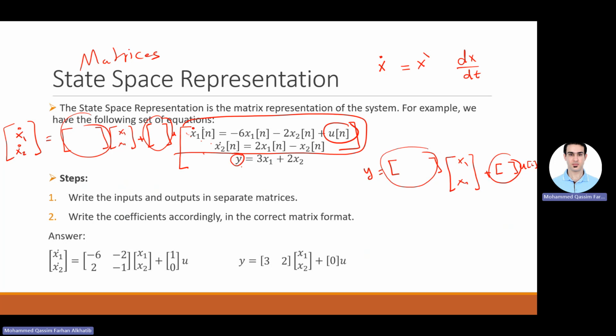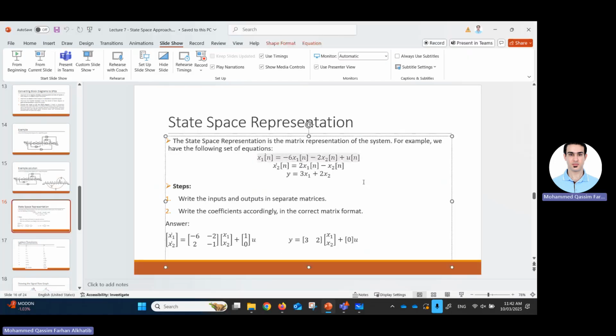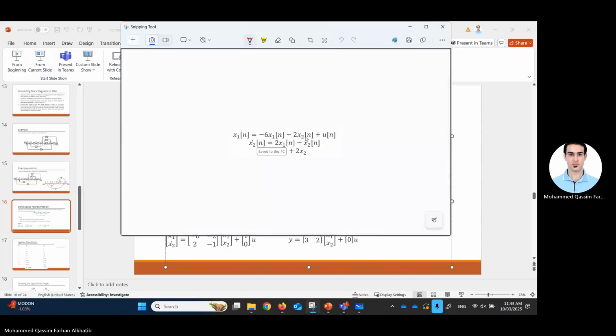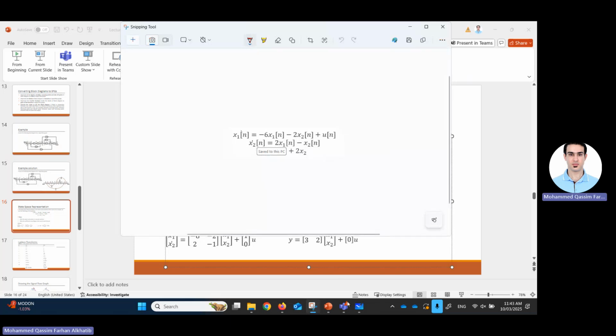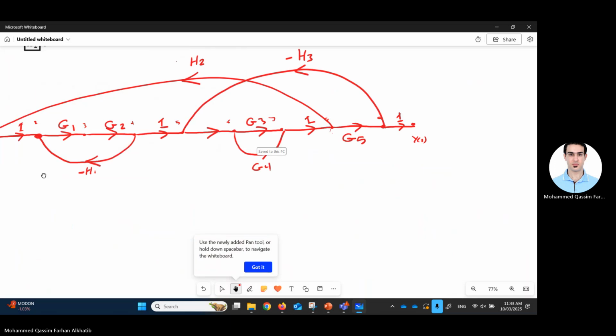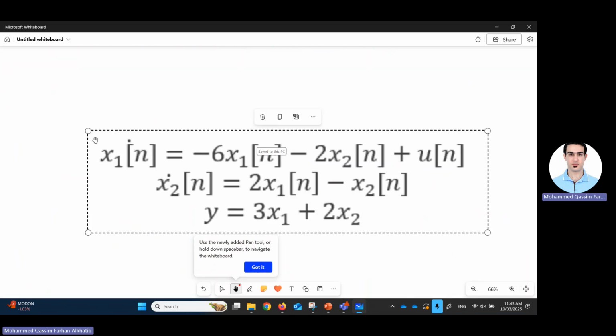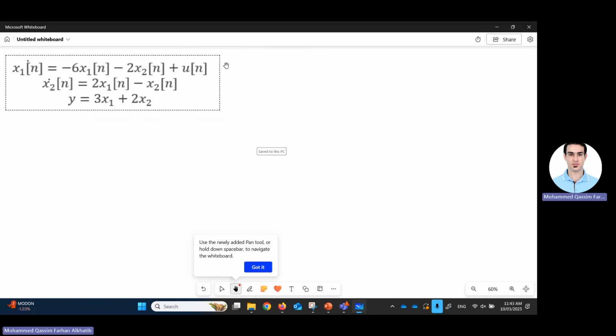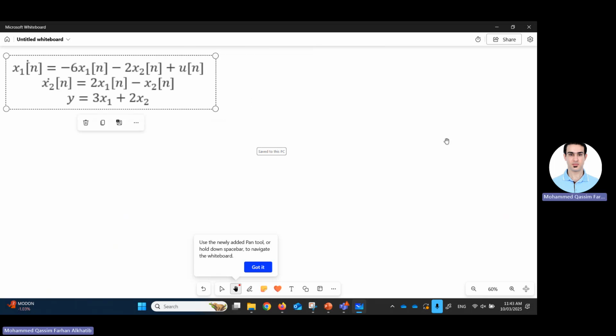So if I want to take this expression or this formula, I have the formulas like this, so I will just rearrange the writing.